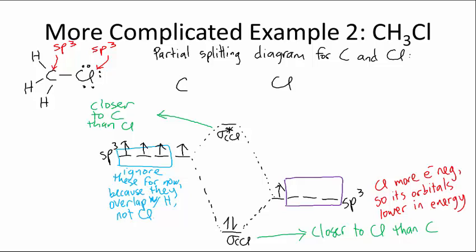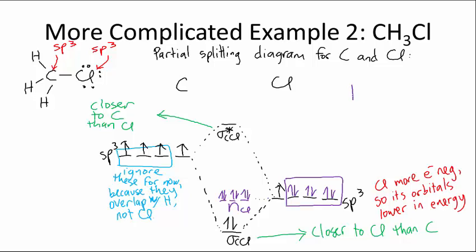Chlorine has 7 valence electrons, so these 3 orbitals are filled. They just stay right where they are. They're not bonding. They're not antibonding. What do you think we call them? We call them non-bonding. Just a lowercase n. You can call them lowercase n Cl.